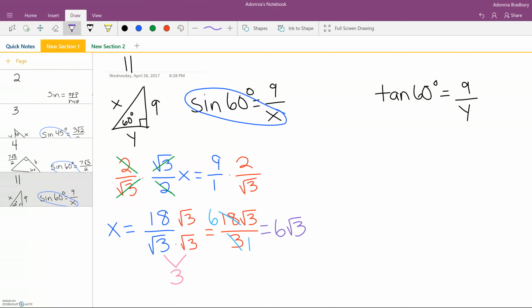Now looking at the tangent side. Tangent of 60 degrees is going to be radical 3. And then we are going to multiply against the y, so we're just going to attach the y to that. And this is going to equal 9.